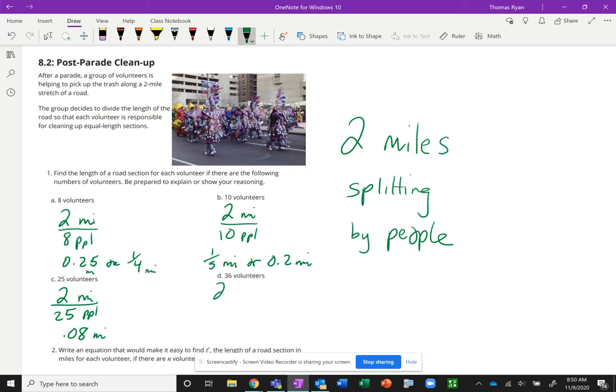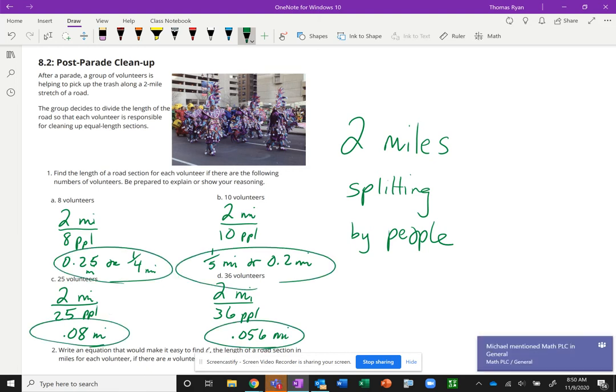And if we have 36, 2 miles divided by 36 people, 2 divided by 36 gives us 0.056 miles.